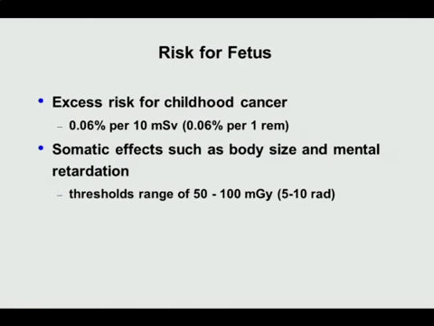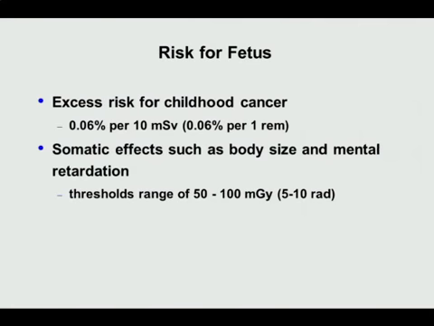The excess risk for childhood cancer is estimated as 0.06% per 10 millisievert. 10 millisievert is typically like an abdominal and pelvic CT, let's say. So a typical abdominal pelvic CT done at the higher end, at the 10 millisievert ballpark number, can each have a possibility of increasing the risk by 0.06%. This is a very small quantity.